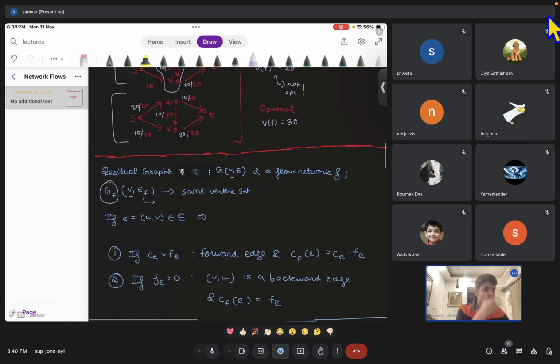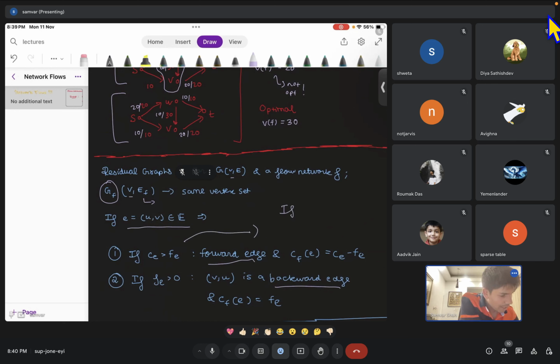Okay, so this is how you define your residual graph edge set. So if e from U to V is a directed edge in your original graph edge set capital E, we hit two cases and we define two terms, forward edge and backward edge. Now, if C_e is greater than F_e, what does this mean?